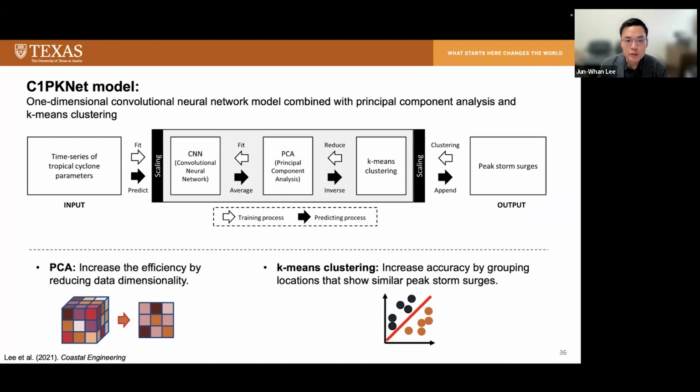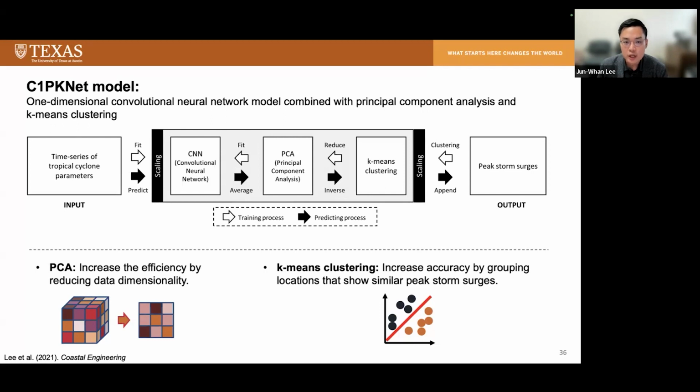This model can be trained by following the direction of the white arrows. We first use k-means clustering to group the locations which have similar peak storm surge responses.